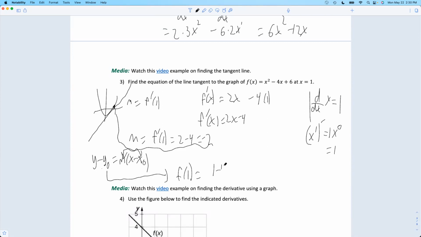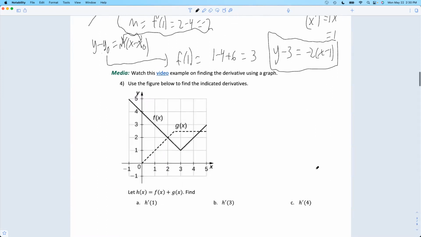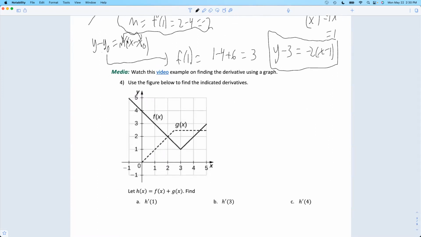So what do we get? 1 minus 4 plus 6. I think that's 3. So that would be 7 minus 4, yeah. So then in point slope form, we would get y minus 3 equals negative 2, x minus 1. If I wanted slope intercept form, I could then clean that up a little bit. That's a good place to stop on that one.